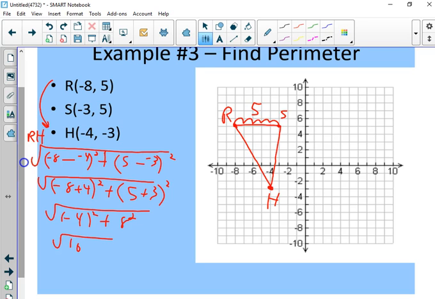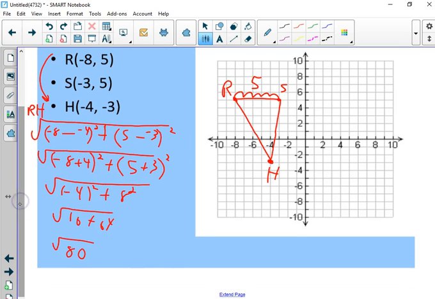So this is negative 4 squared plus 8 squared. That's 16 plus 64. That's the square root of 80. Which means that's going to be just under 9, because 81 would give us 9. So RH is the square root of 80. But square root of 80 can be simplified, can't it? This breaks down to 16 and 5.